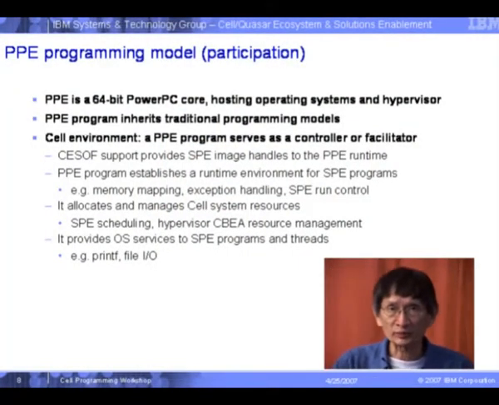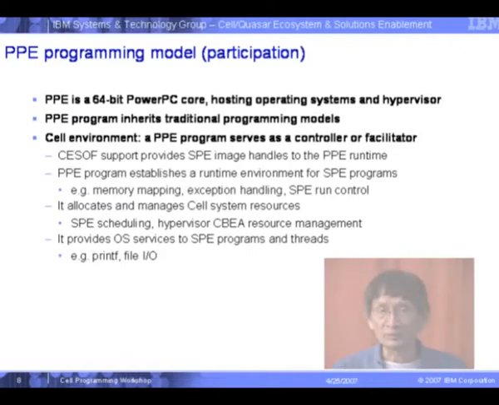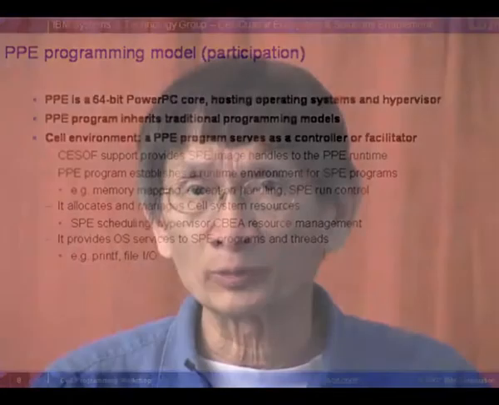Let's take a look at the PPE programming model. We went through an example yesterday, a very simple example, just to show you that you can build a PPU program. And that PPU program will do nothing else but control the execution of your SPU program. Controlling and managing the SPU is the key function, the main function of these PPU programs.